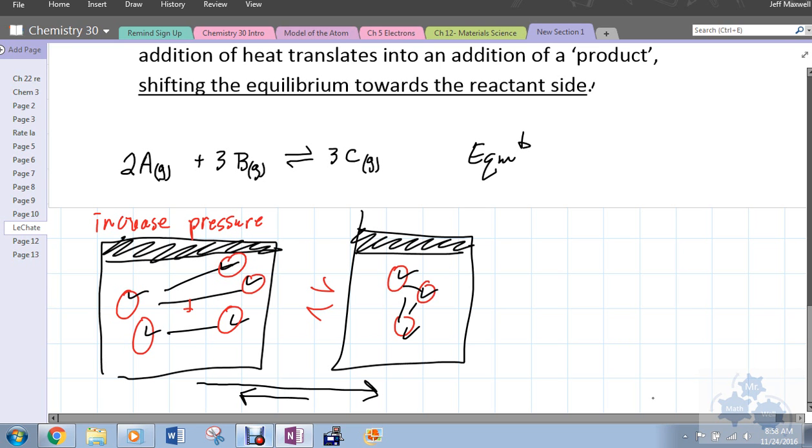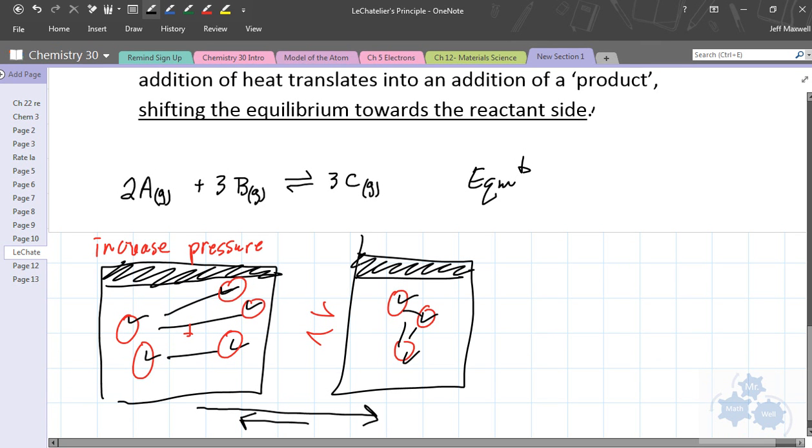So all we said was that the moles increase, and I can't write over here for some reason. There we go. So let's add to this.